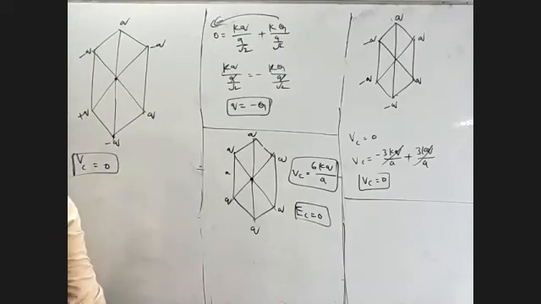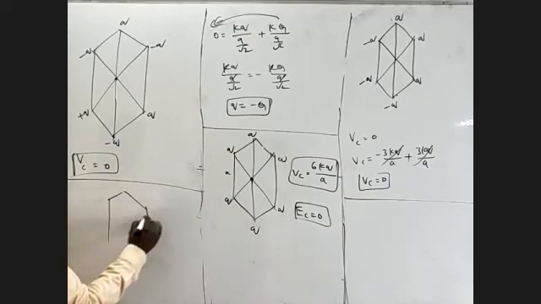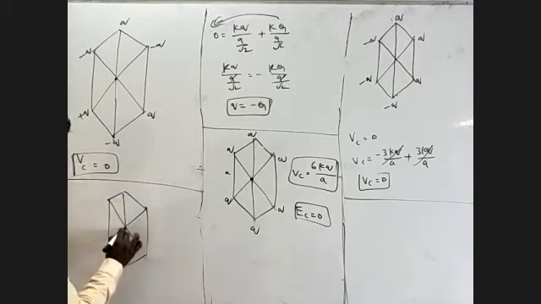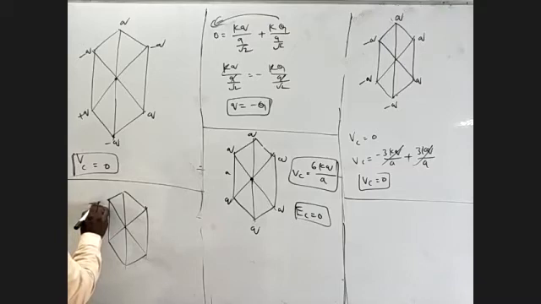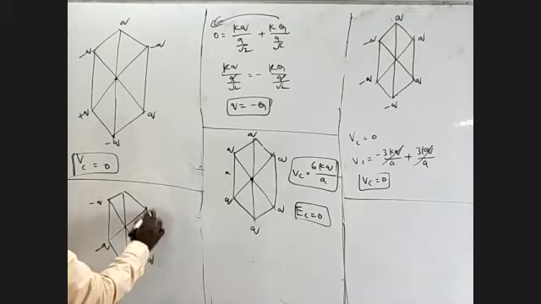The potential at the center is 0. Next, this point with minus q and plus q.